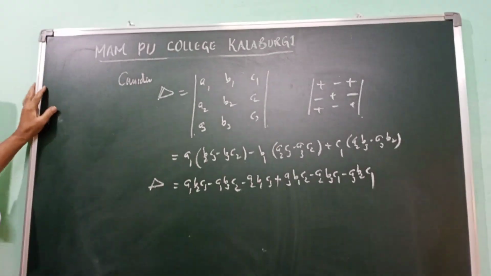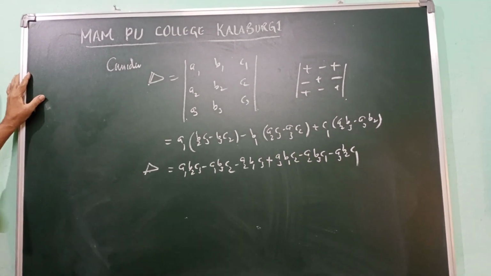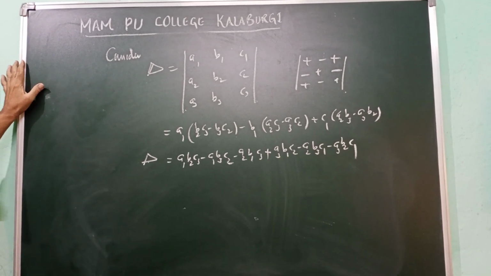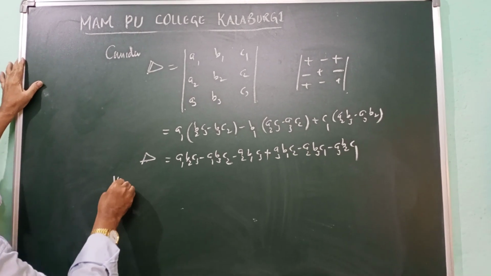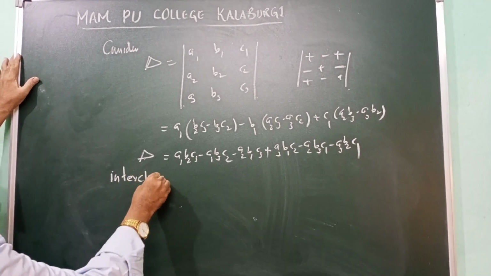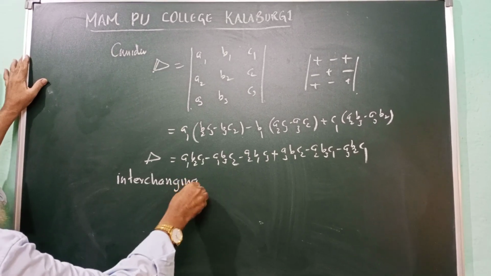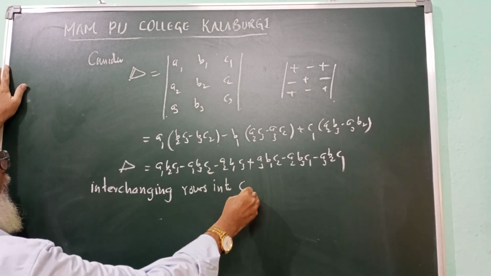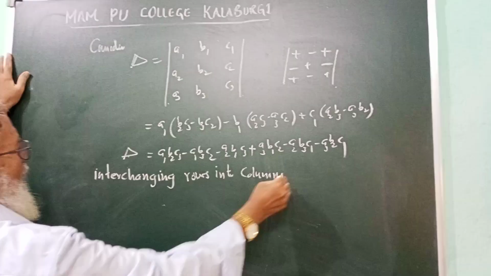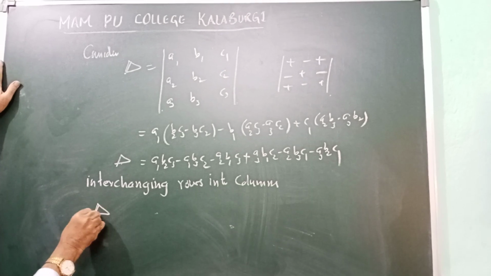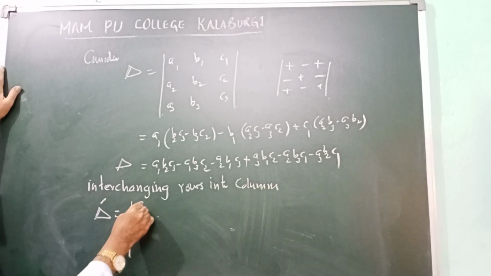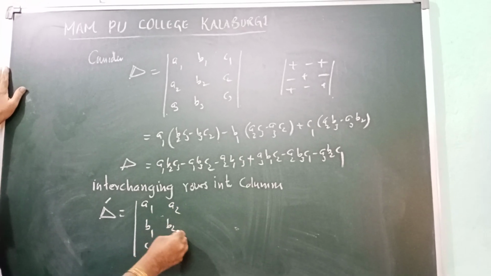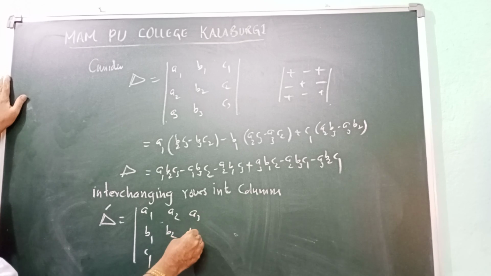Now to this, what we do is we entirely change rows into columns, and let us suppose its value is delta dash. So interchanging rows into columns. So let us denote it by delta dash. So the first row will become first column, second row will become second column, third row will become third column.